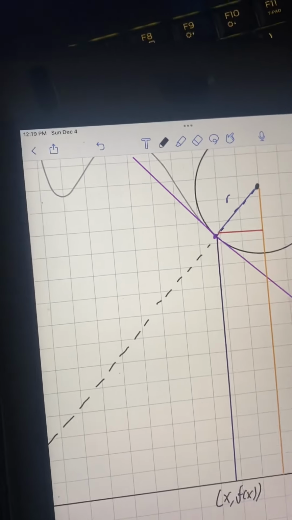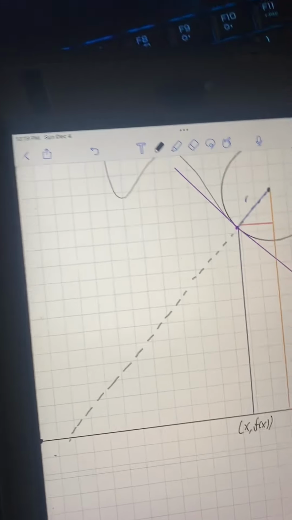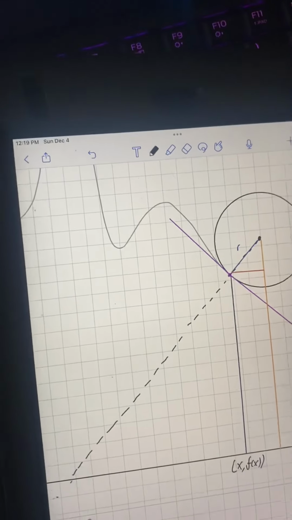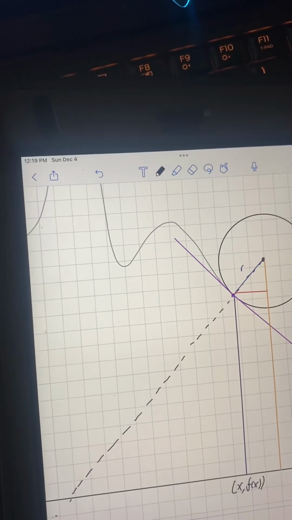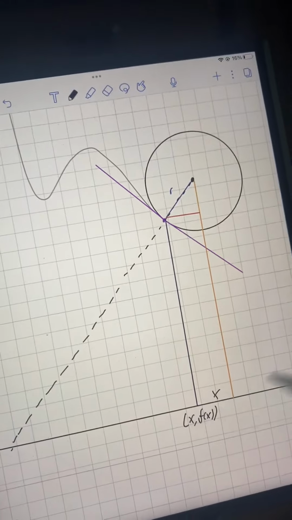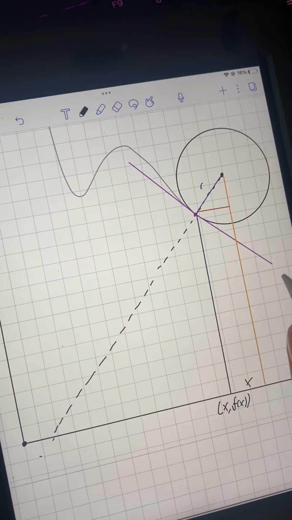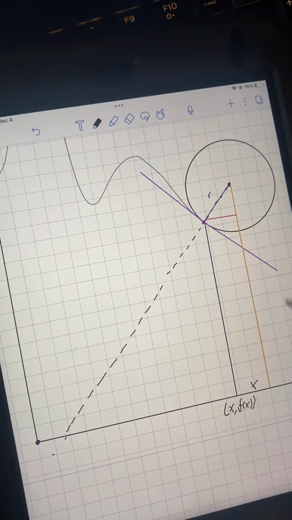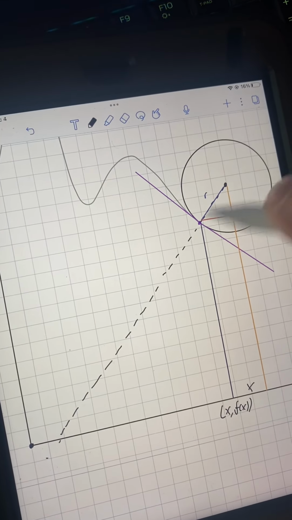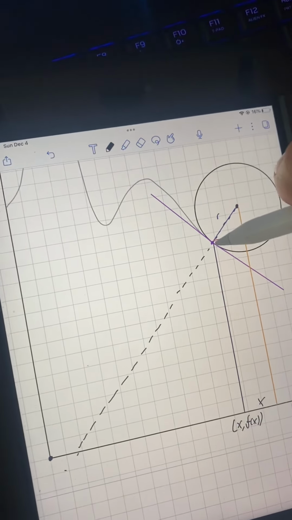So you'll realize I need to move this circle this distance, x. I need to find this distance, and I need to find this height. And if I know that, well, I know that my circle, given my radius, is differentiable and continuous at this point.